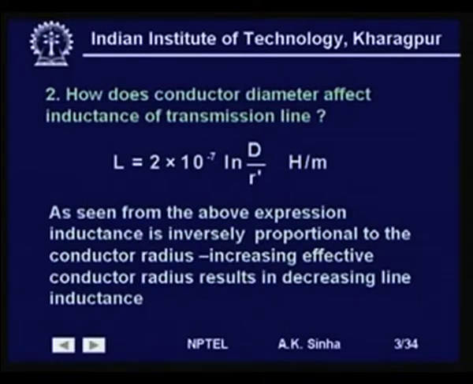Now, from this expression it is very clear that inductance is inversely proportional to r dash or the effective radius of the conductor. So, increasing effective conductor radius will result in decreasing line inductance, and that is why, as I said earlier, sometimes we use expanded ACSR conductors for transmission lines, especially in extra high voltage transmission lines.